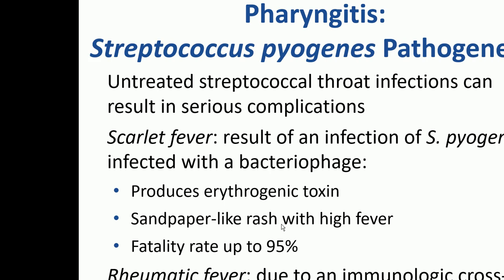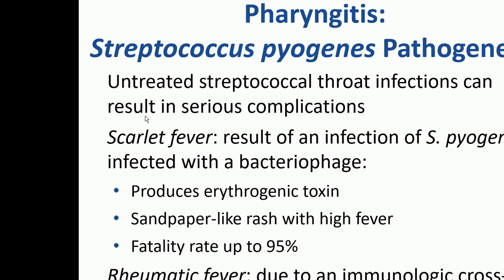Now, untreated streptococcal throat infections can result in some very serious complications like scarlet fever. This is a result of an infection of Streptococcus pyogenes infected with a bacteriophage. What's a bacteriophage? Bacteriophages are viruses which infect bacteria.